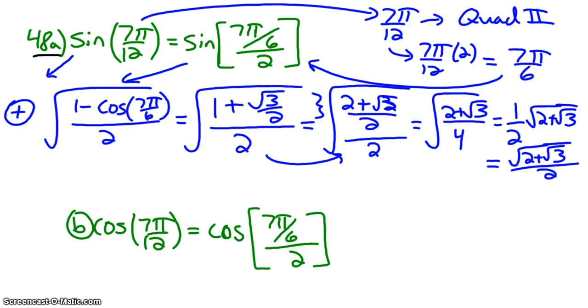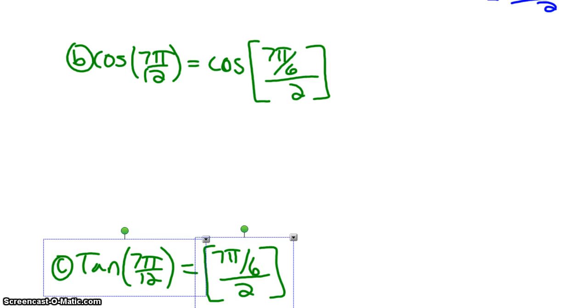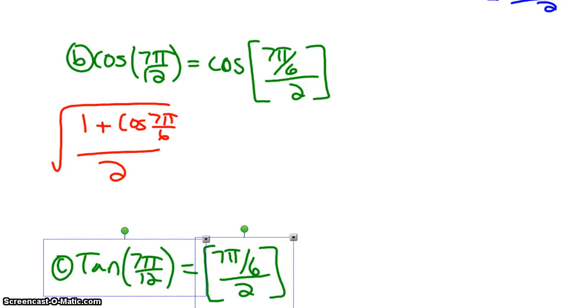Now if we move on to the cosine, we will again use our radical, but this time it's 1 plus cosine of 7 pi over 6, all over 2. That's simply our formula. Now we're determining, do we need a positive or negative on the outside? Well, in quadrant 2, the cosine was negative, so I'm going to have my negative value out front.